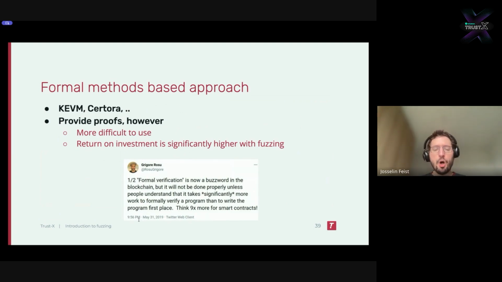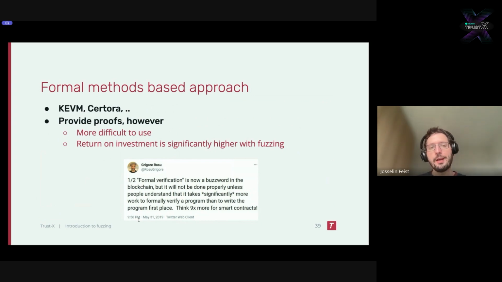In the realm of semi-automated analysis, when you have a tool and you provide a specification or an invariant, there is a different category of techniques you can use, which are based on formal methods. You might know KEVM, Certora, Halmos, for example.